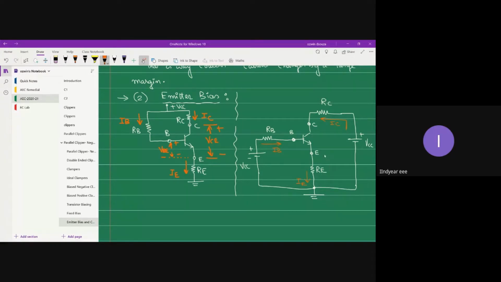And you can also mark the terminal voltages VCE, plus minus. Similarly, you can mark VBE here. Lower side minus, upper side plus. So this is your equivalent circuit.